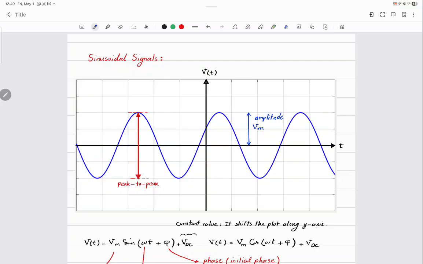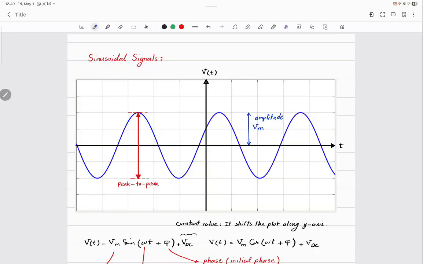So generally, your signal can have some shift up or shift down. Can you tell me which parameter in the expression of the function represents that shift? VDC. And is the name intuitive enough? VDC, is the label good enough?